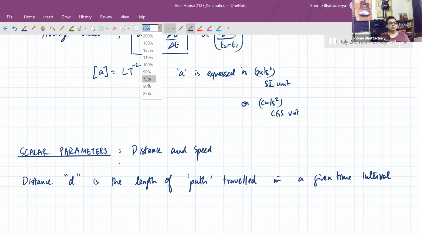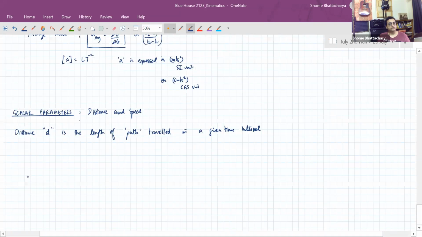So for example, if a particle is moving from here to here via this kind of a path, so this total path length, that is my distance traveled.